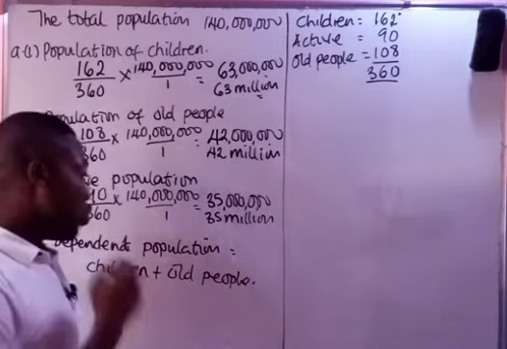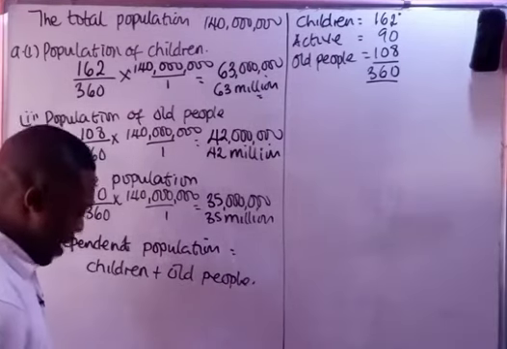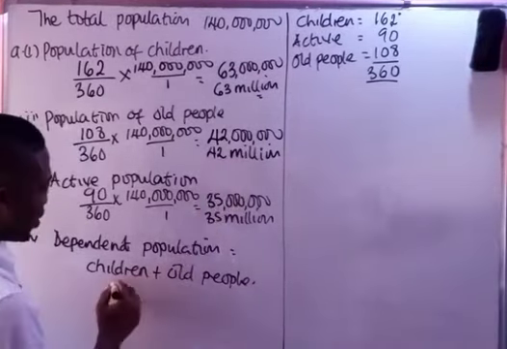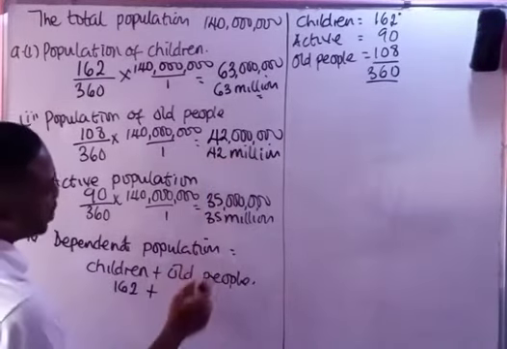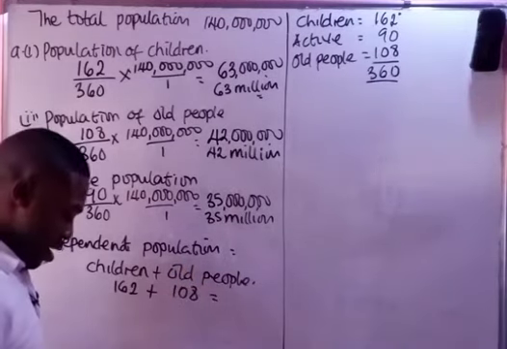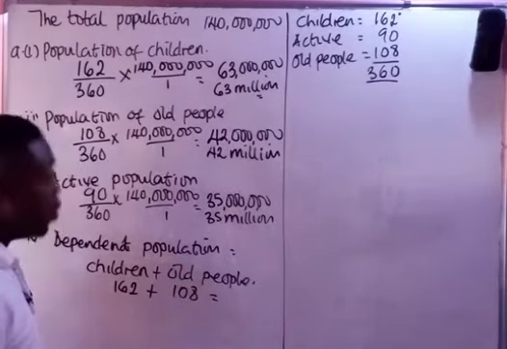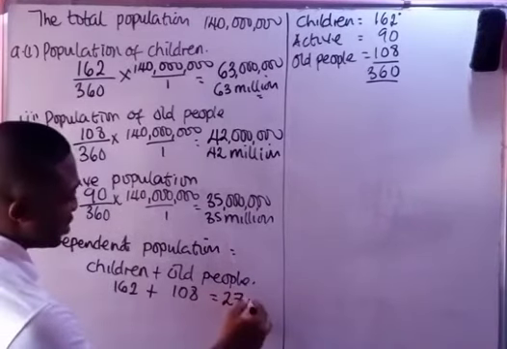The old people. Okay, so now if we check there, the children is 162 in terms of degree, plus the old people is 108. So if we add together 162 plus 108 will give us 270.